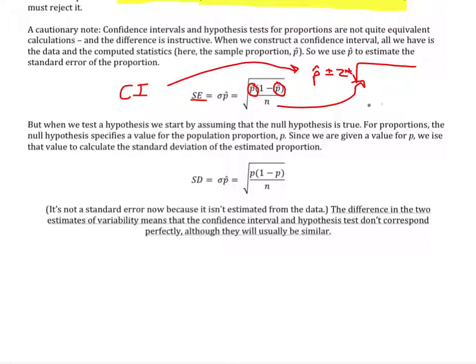So we put statistics in there. When we do a hypothesis test, we start by assuming the null hypothesis is true. So in our hypothesis test statistic, where we go statistic minus parameter over the standard deviation, we're not putting the standard error in up here, we're putting this guy with the parameter p and q, because we're checking to see if we believe that parameter, so that's what we're going to use for our standard deviation. Over here we have a standard error for the confidence interval. For the test statistic we have a standard deviation.